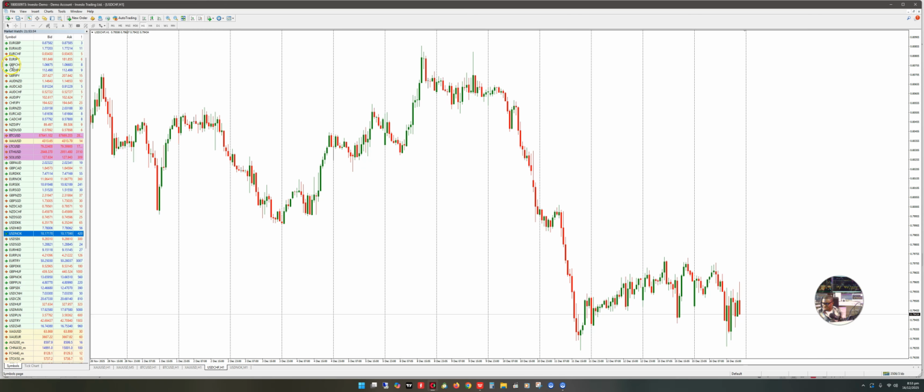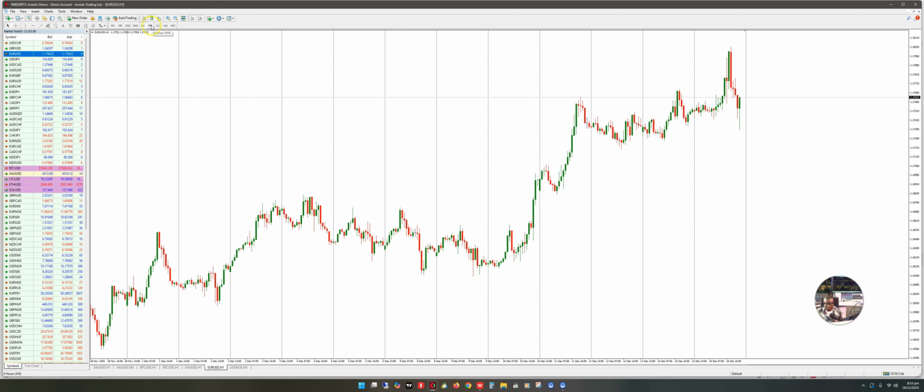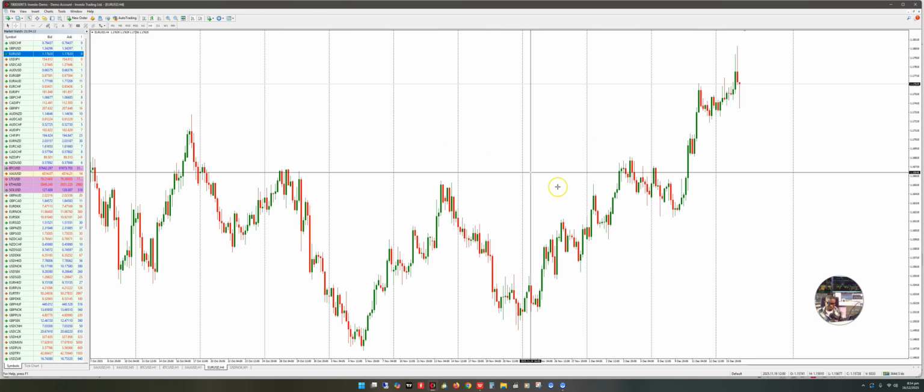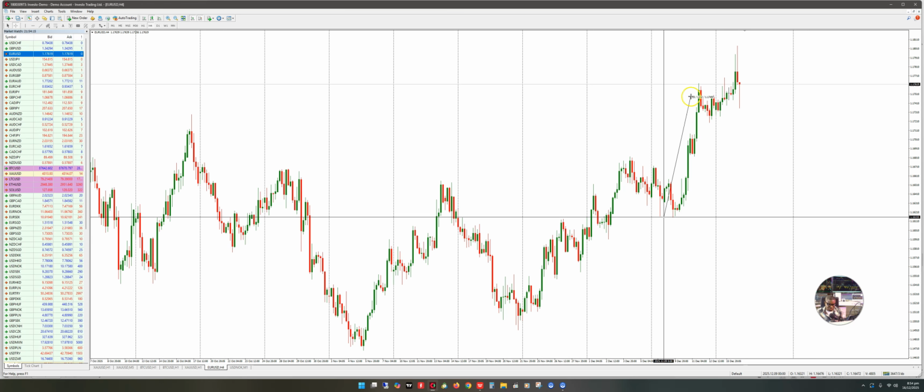Let's open Euro USD. We can calculate the amount of pips moved today from this point down here. Euro USD moved an average of 67 pips. You can use your crosshair for the whole week. You can check the whole of last week, you just pick the low to the high.